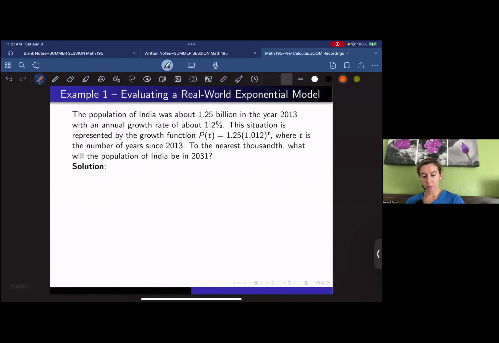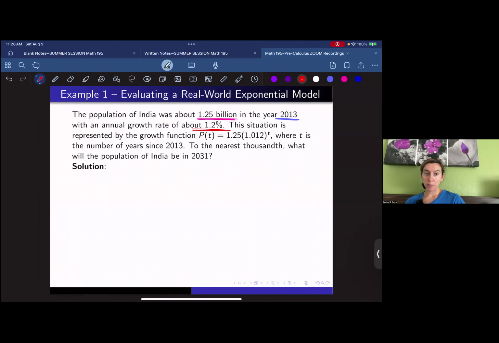So now we finally arrive at our first example for today. The population of India was about 1.25 billion in the year 2013, with an annual growth rate of about 1.2%.